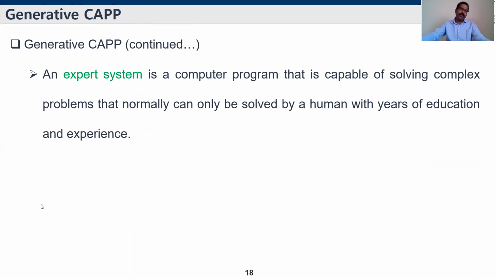An expert system is a computer program that is capable of solving complex problems that normally can only be solved by a human with years of education and experience. So an expert system is a computer program capable of solving complex problems similar to a human.